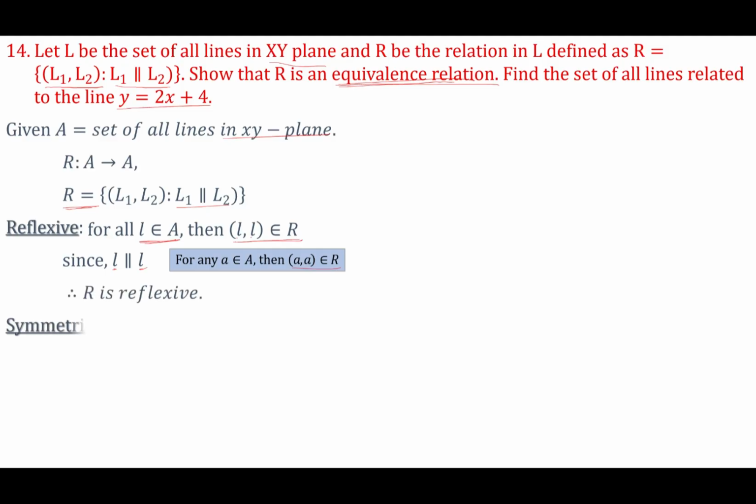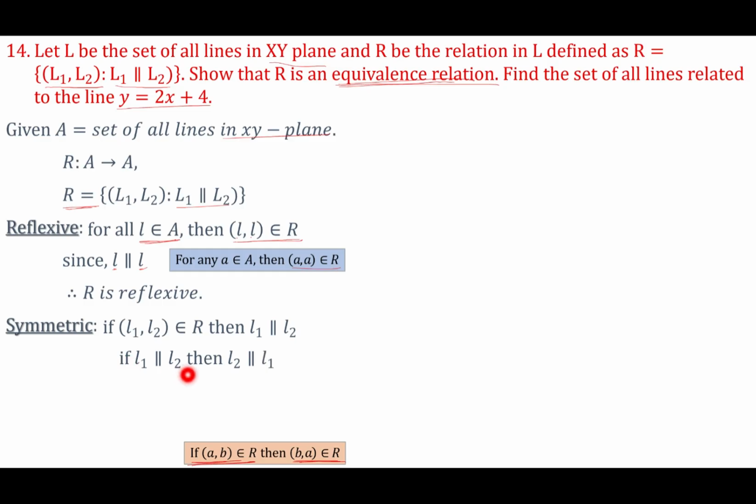Now, symmetric. The definition of symmetric says, if (A, B) belongs to R, then (B, A) must belong to R. If (L1, L2) belongs to R, that means by the definition of the relation, line 1 is parallel to line 2.